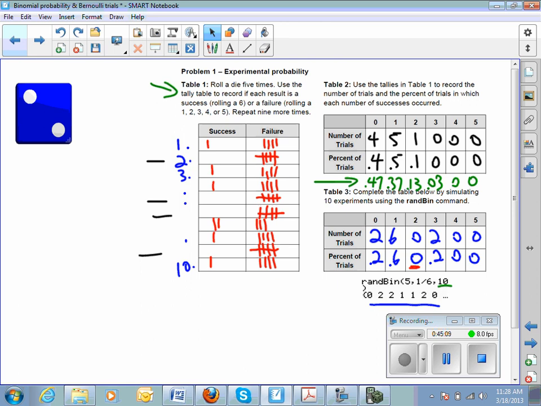Let's see, we've got a problem here. These numbers in green, these were the ones we got when we did the calculations, or were these the ones the calculator did for us? That was for 100 trials. Yeah, okay. Where did I record our actual probabilities? That's what I don't remember. Okay.